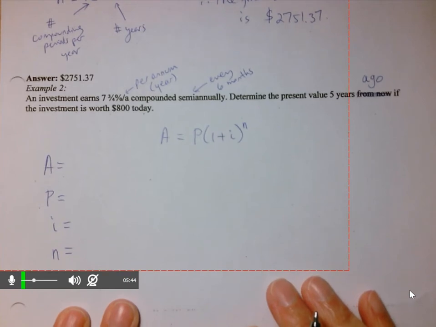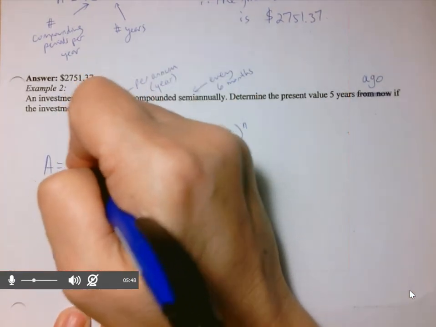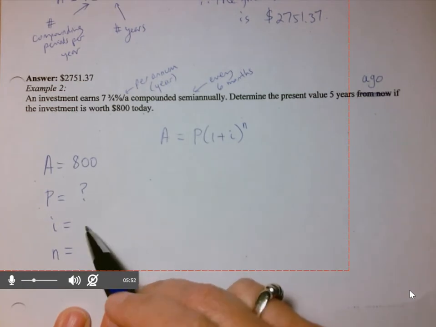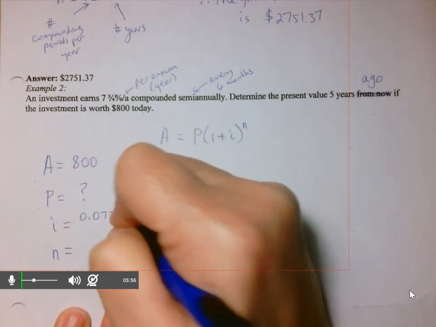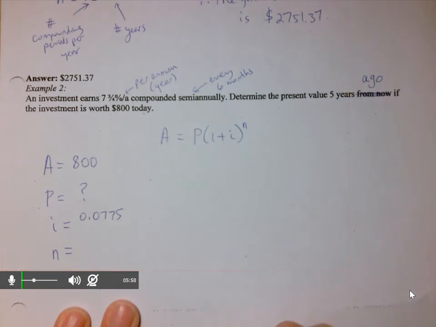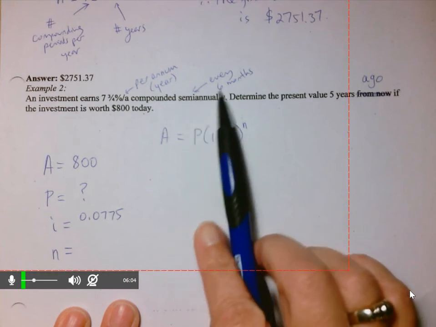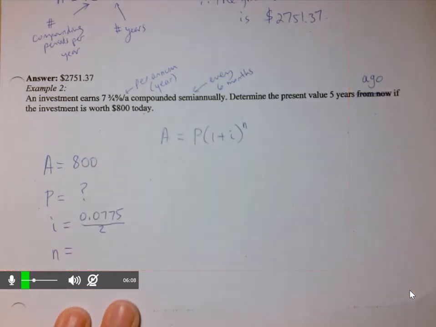My 4 variables, okay? Now they're giving us the ending amount. They're asking us for the beginning amount. The interest rate is 0.0775, so 7.75%, but we need it to be per compounding period. And since we're compounding twice in a year, every 6 months, we have to take this and divide by 2 to get the rate per compounding period, so per 6 months.